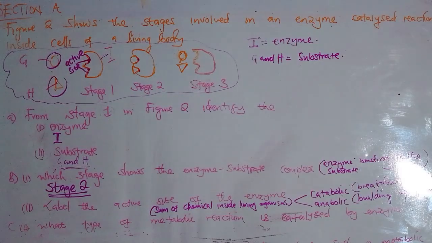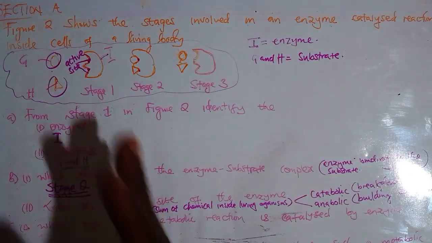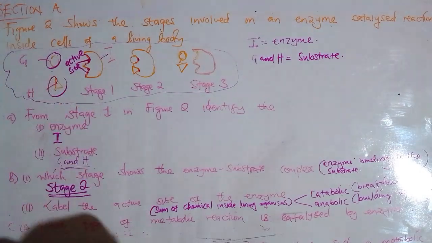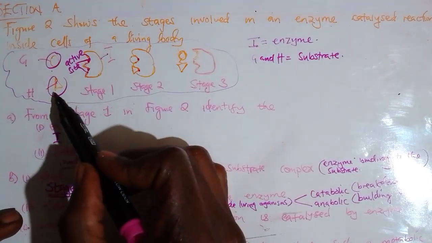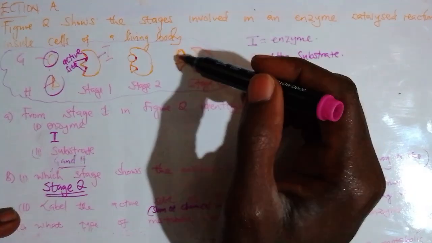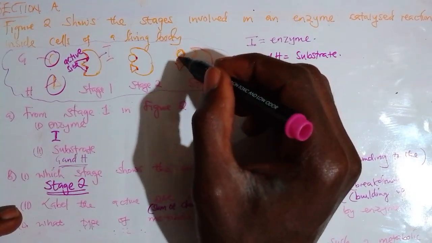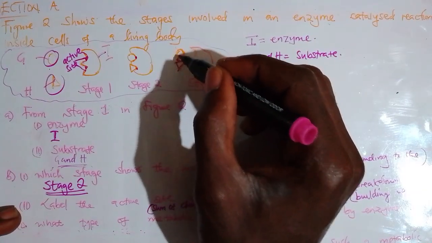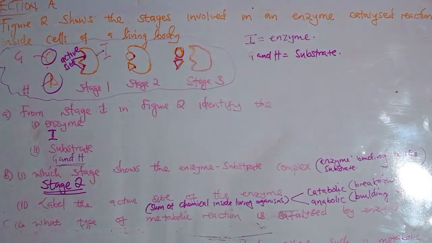So now going back to our diagram, you can see that if we look at stage 1, we had what? 2 substrates. At stage 3, we only have one substrate which was joined together by the enzyme.